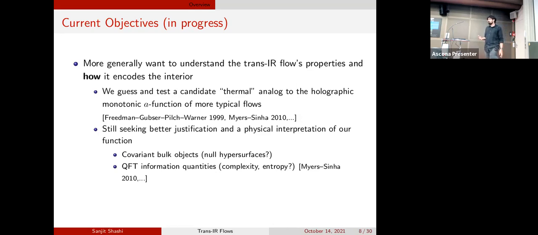So we've come up with essentially a glorified guess that seems to behave the way we want. It seems to be monotonic, and it seems to be stationary at the UV and the IR. But part of our work now is trying to get a better justification for our guess and also to understand what it might mean physically.